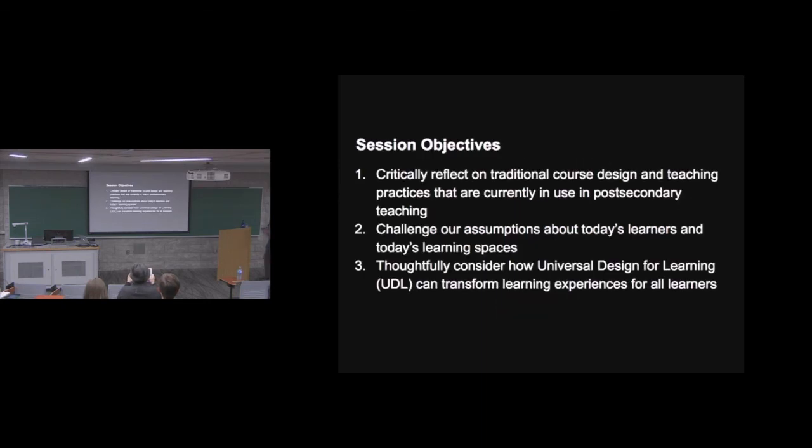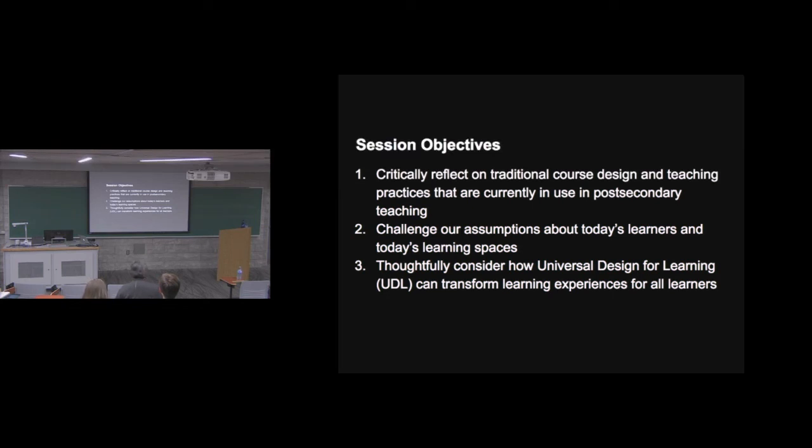Okay, so just some objectives today to help guide our discussion and our session. First of all, consistent with transformative learning, we're going to ask you to critically reflect on traditional course design and teaching practices that are currently in use in post-secondary teaching.